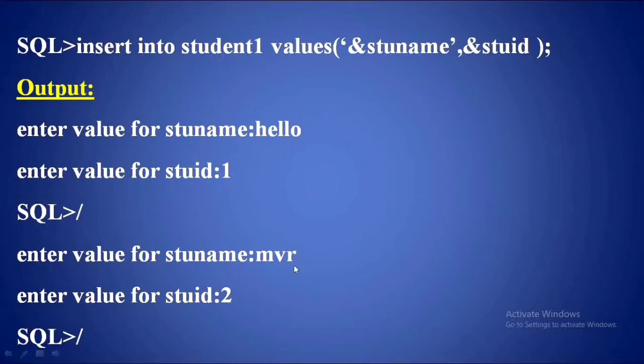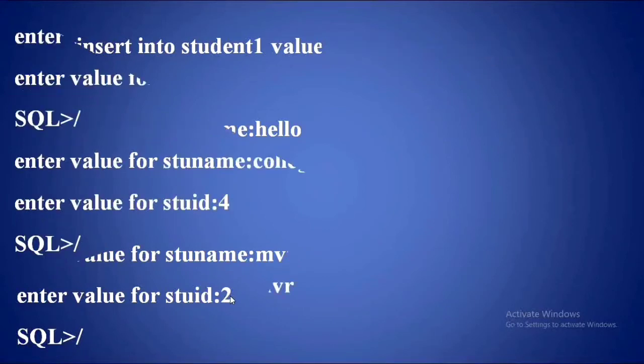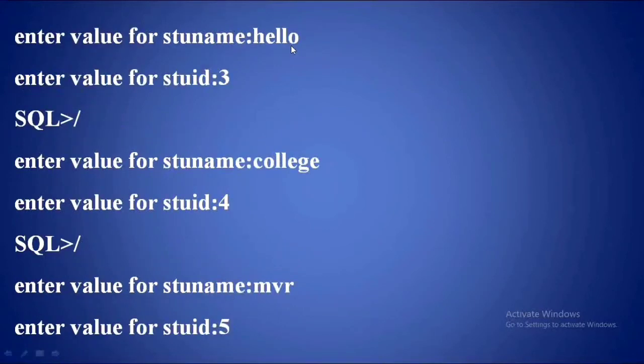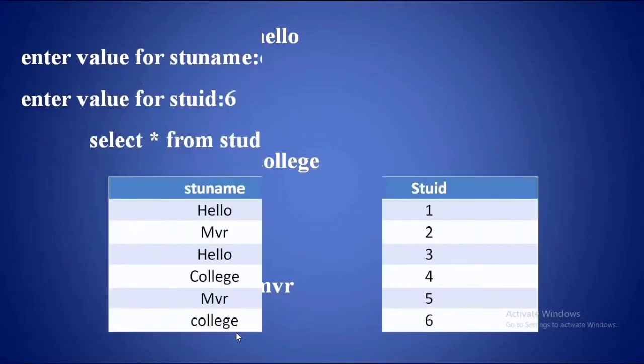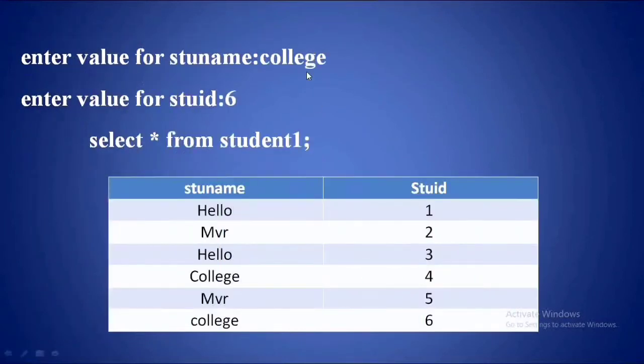Second student name is MVR, ID is 2. Third is hello, ID is 3. Next college, ID is 4. Next MVR, ID is 5. Next college, ID is 6. These names are your choice.